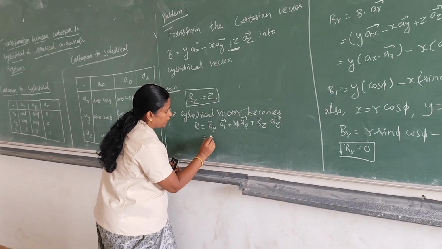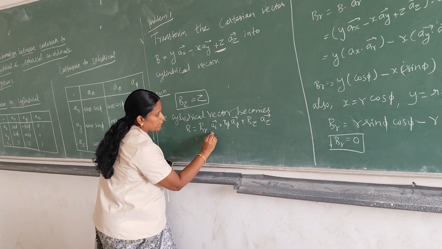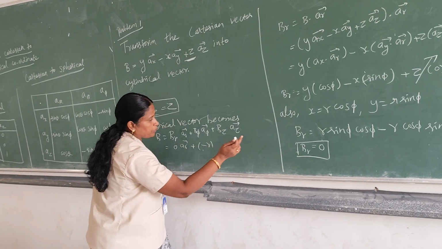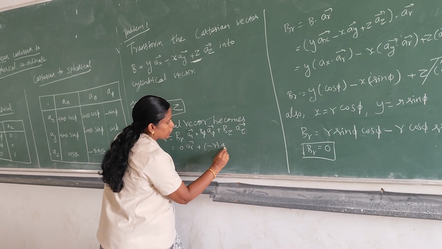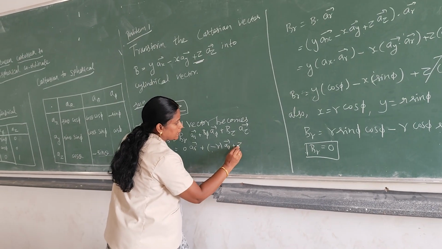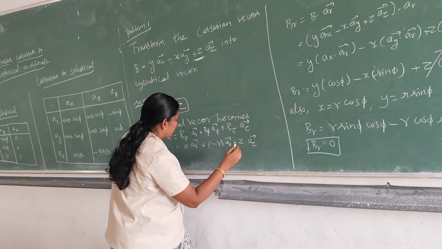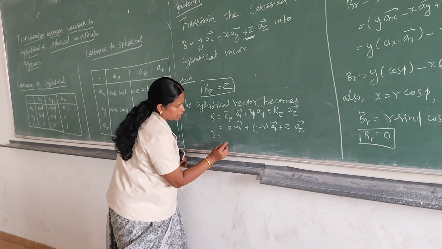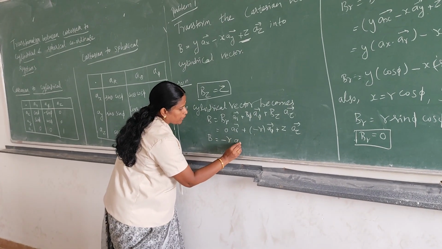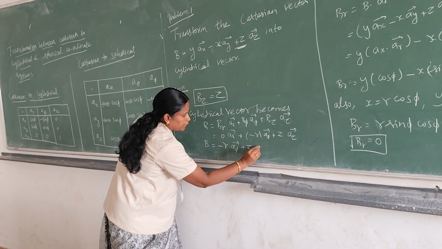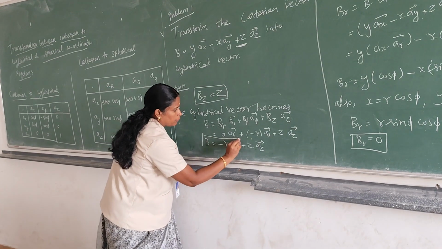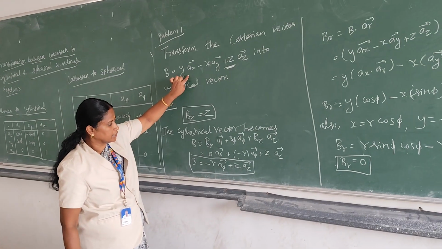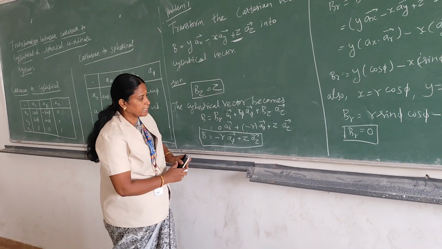We found that the BR value is 0, so 0 into AR, plus B phi value as minus r into A phi vector, and BZ value as z into AZ vector. Therefore, the converted cylindrical vector is minus r A phi vector plus z AZ vector. From this we can say that the given Cartesian vector is transformed into a cylindrical vector.